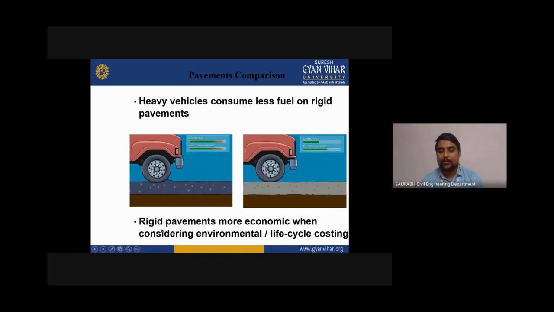Rigid pavement is more economical when considering environmental life cycle costing. The durability of rigid pavement is also good, and it is also very economical because the lifespan of this pavement is long, usable for 100 years.